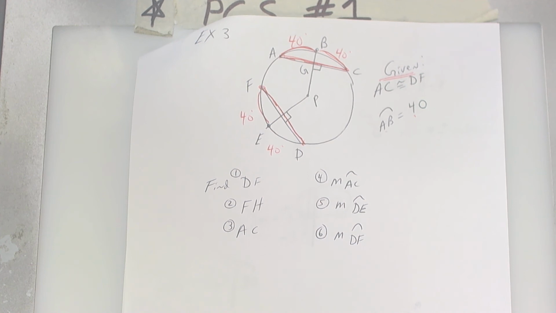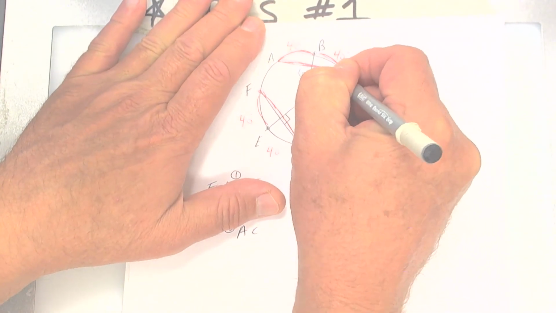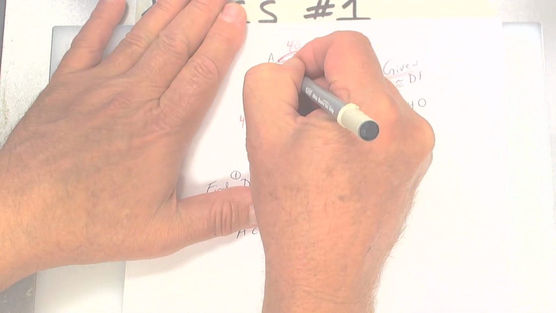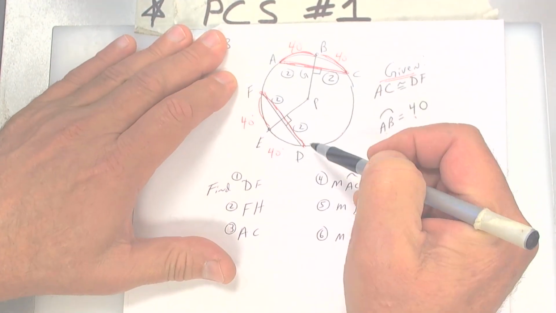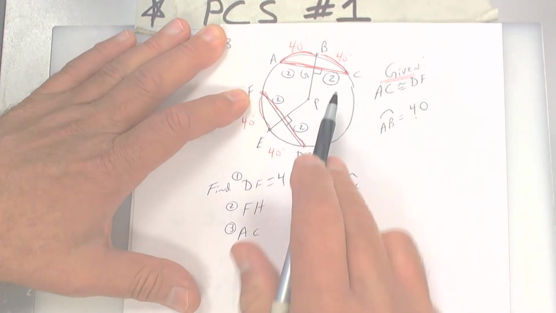Okay, so DF is what they want you to find. Oh, there is a 2 right here. Okay, so I missed that. So GC was 2. So that would make this 2, that would make this 2, and that would make this 2. So DF would have to be 4. That's pretty easy. We were just missing that.